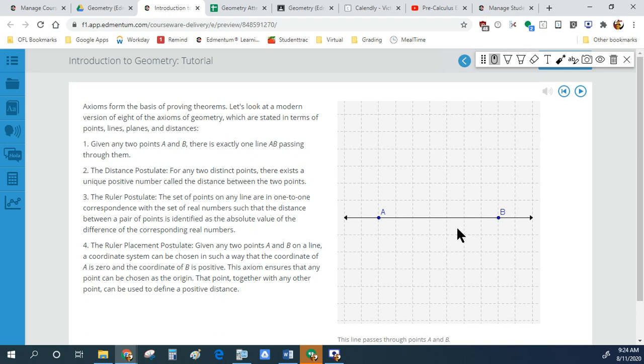It just means that we can't make up an imaginary number in there. There's a bunch of numbers in between 2 points, like fractions and stuff. That's what the ruler postulate says. Ruler placement is what I was going over earlier, where I'm going to call this 0 and measure from here to here. That's all ruler placement is.